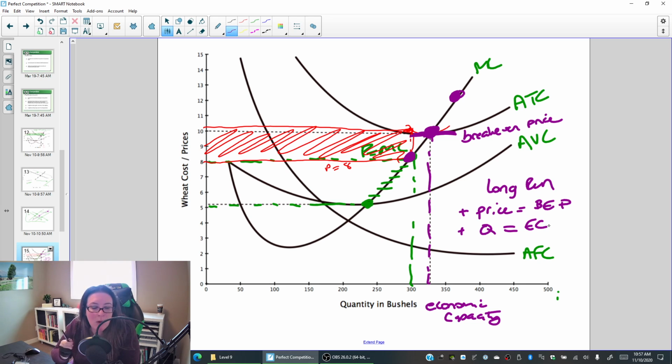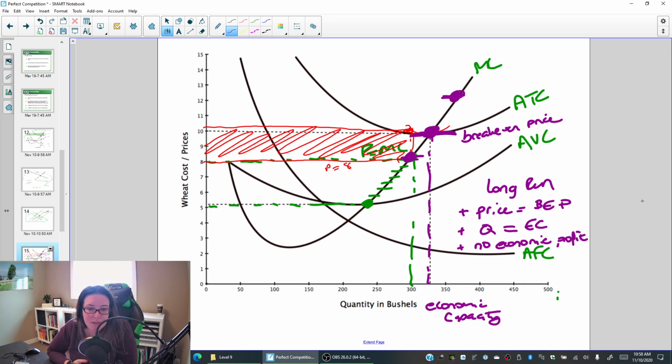In the long run, in a perfectly competitive market, do businesses make economic profit? Up here, economic profit. Down here, not so much. So there is no economic profit in the long run. Now remember, there is a distinction between economic profit and accounting profit.